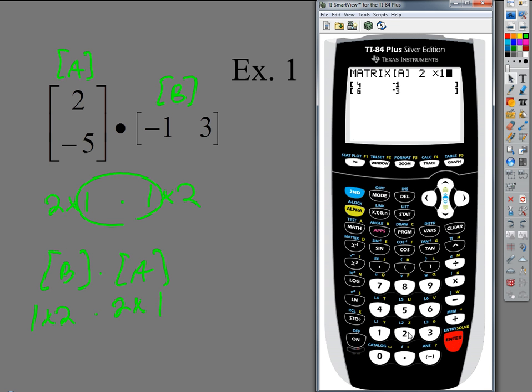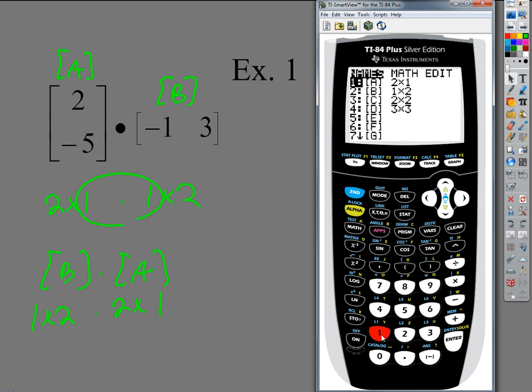Then it's just 2, enter, -5. There's matrix A, quit. Go into the matrix editor. Matrix B is going to be a 1 by 2. And -1, 3. Okay, and then I quit.